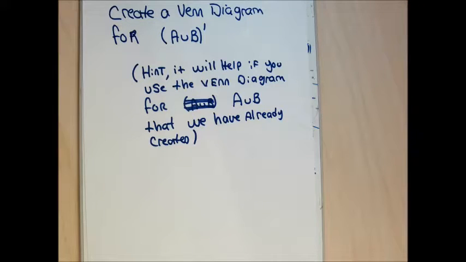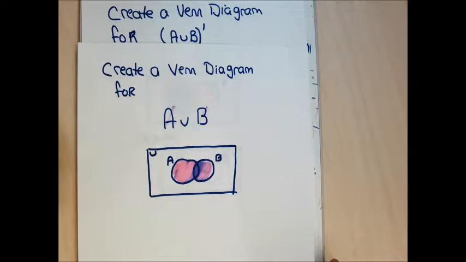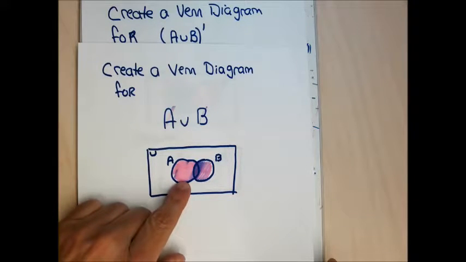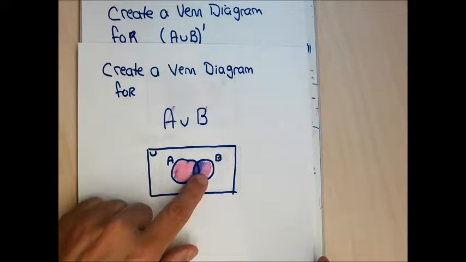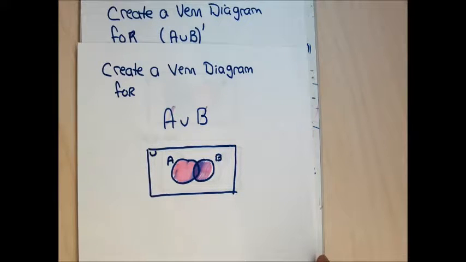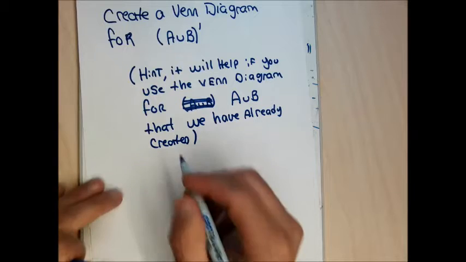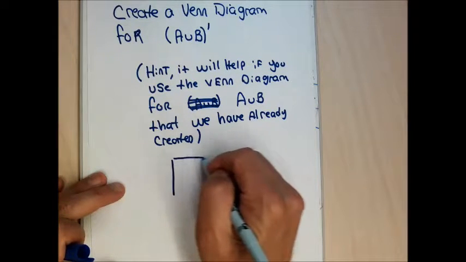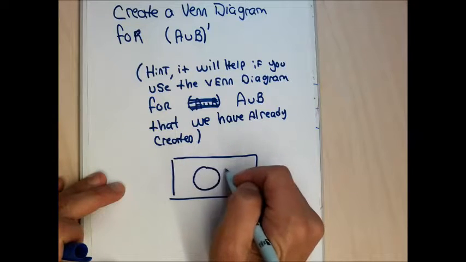So I do the inside of the parentheses first, which asks me to draw A union B: a circle with A and a circle with B, all highlighted in the same color. So real quickly, I'm going to draw that picture of A union B, and it's going to help me get my answer for what A union B complement is.